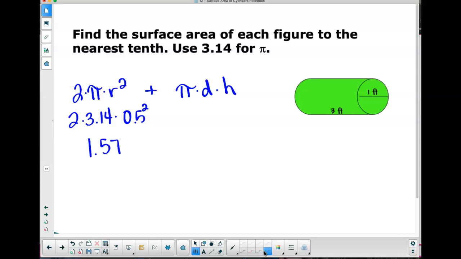So that was the two circles. Now the rectangle. 3.14. The diameter is 1. What's the height? 3. If you multiply that, I think you get 9.42. Add them together.